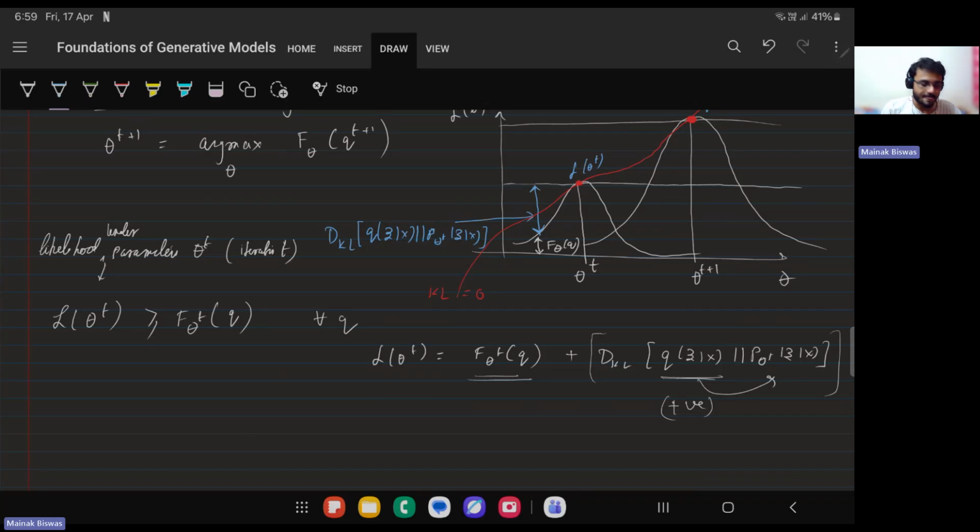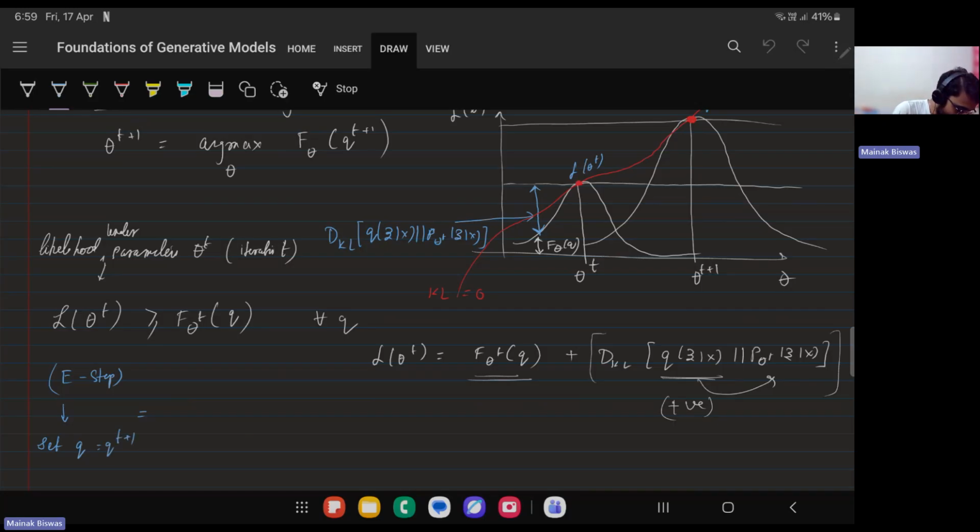Next, what can I say? The E step will tell me, what will it tell me? In the E step, I will set Q to be Q t plus 1, isn't it?